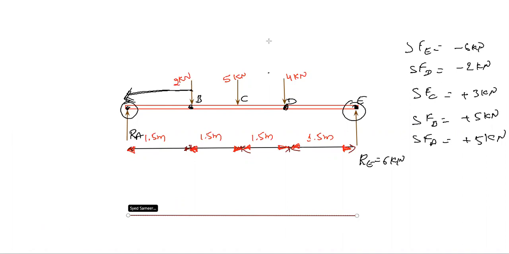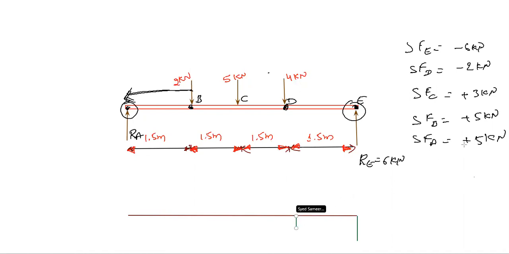Once it has been done, the next step, we need to take the magnitude lines, like shear force at point E. Shear force at point E is minus 6. So you write down minus 6 over here, minus 6 centimeter in the downward direction. If it is positive, you need to write in the upward direction. At this point D, it is minus 2 kilonewton.